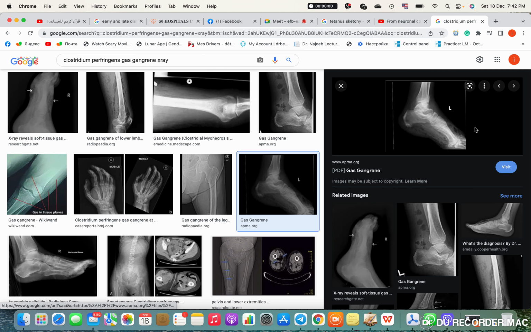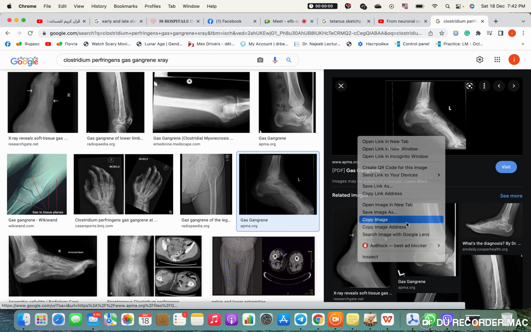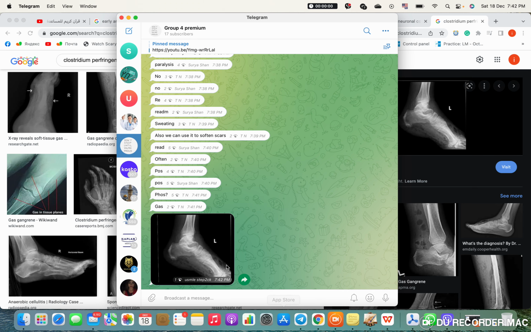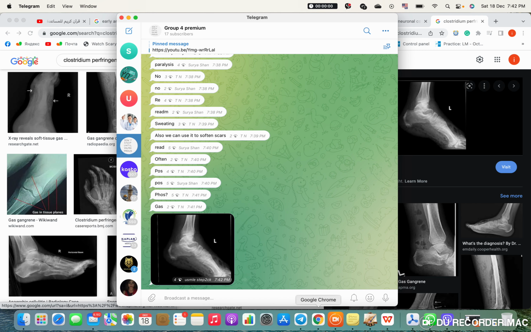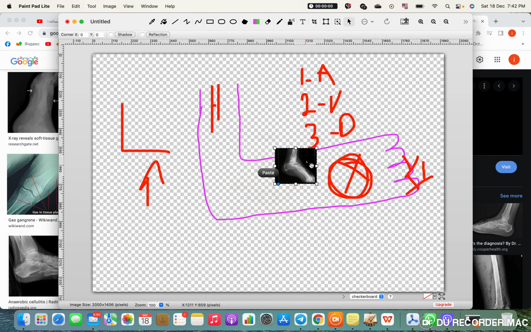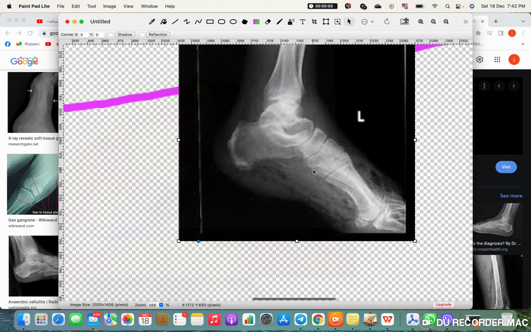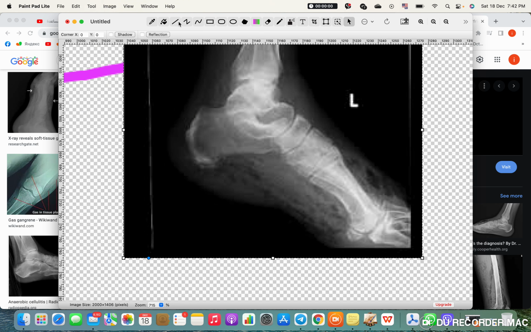Okay, take a look at this guy. This is a picture of the foot. Can you see these empty structures here and there? There are like empty holes. I hope you can observe these areas.